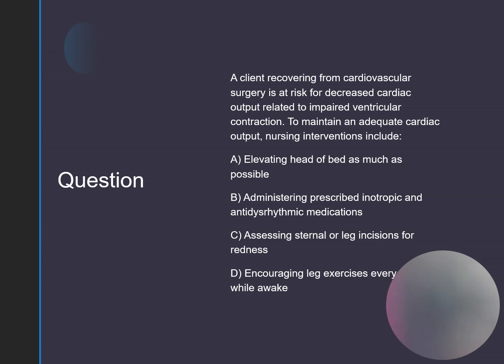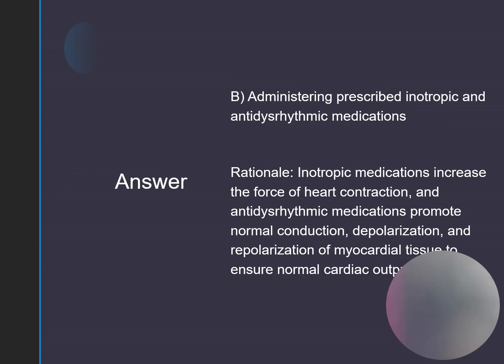To maintain an adequate cardiac output, nursing interventions include elevating the head of the bed as much as possible, administering prescribed inotropic and antidysrhythmic medications, assessing sternal or lung incisions for redness, or encouraging leg exercises while awake. It's administering the prescribed inotropic or antidysrhythmic medications.